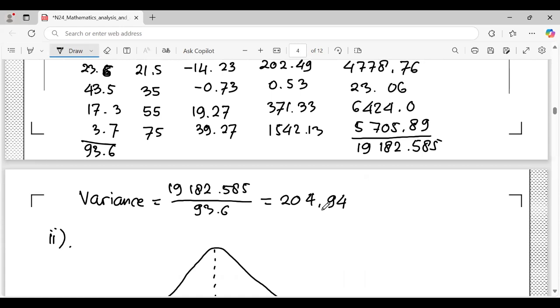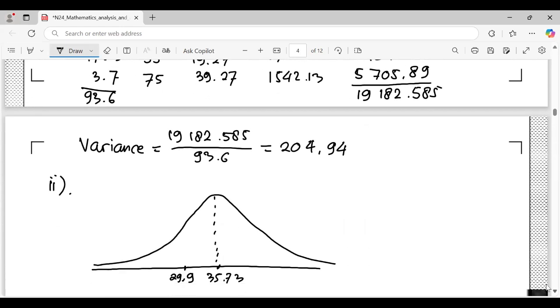So it means the small talk curve would be higher because it has a smaller variance, resulting in a narrower and more concentrated distribution. Right.